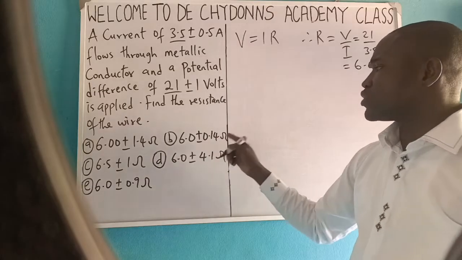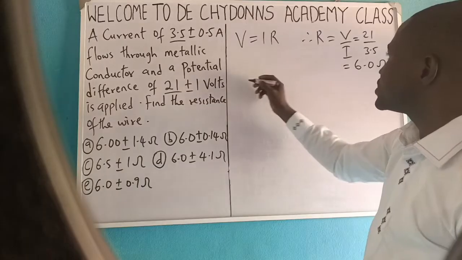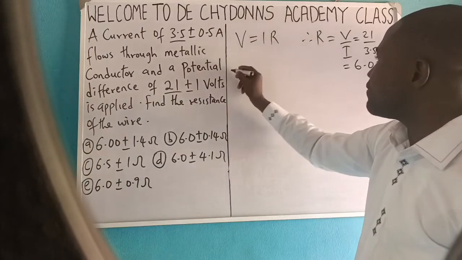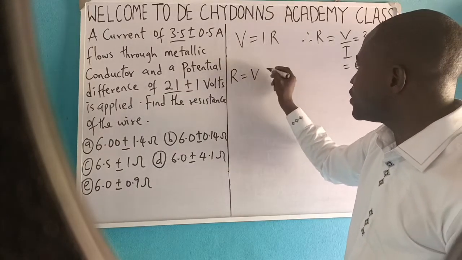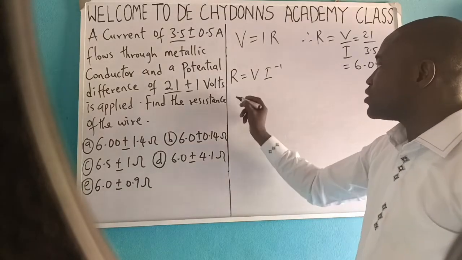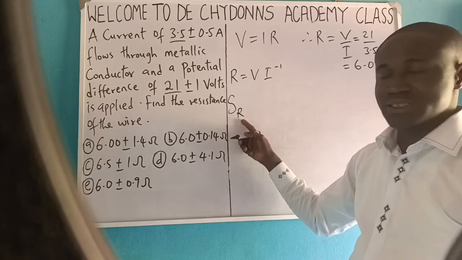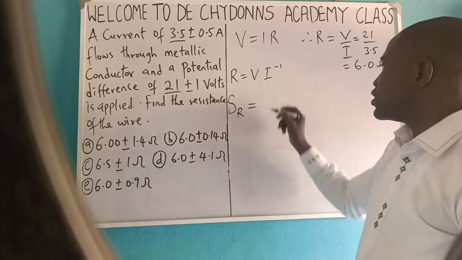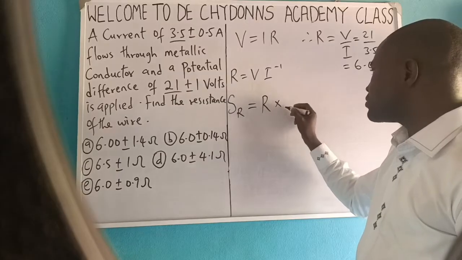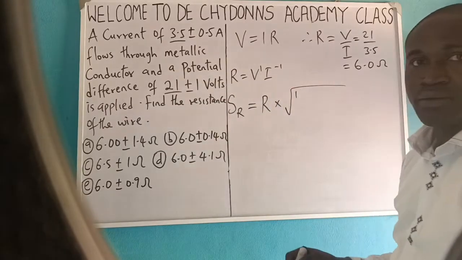Then all this plus or minus is talking about what error encountered. You ask yourself, from here I have that R is equal to V I raised to power minus 1. So I'll be using standard error in getting resistance equals the resistance itself times square root of what is the power of V? 1.